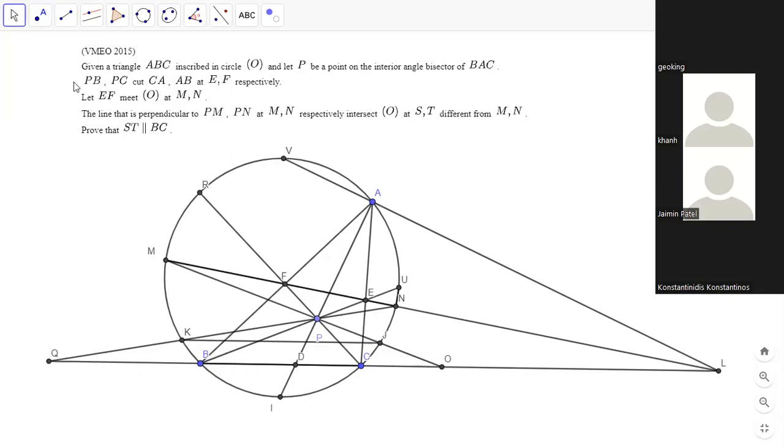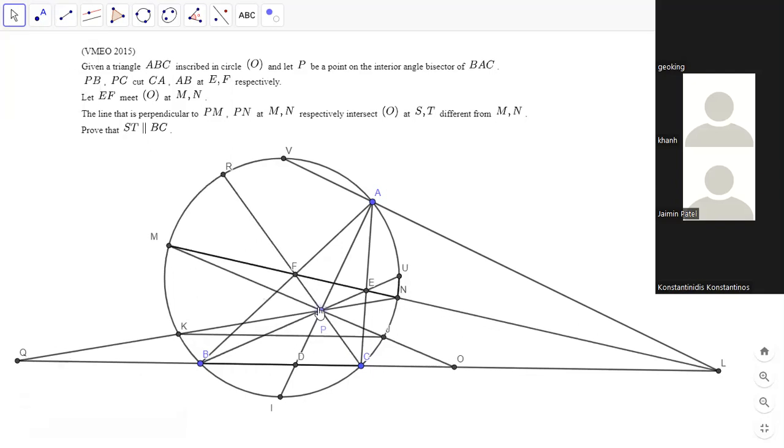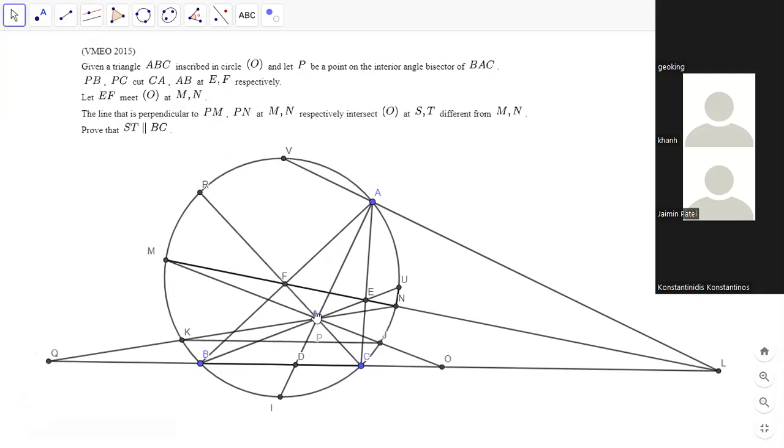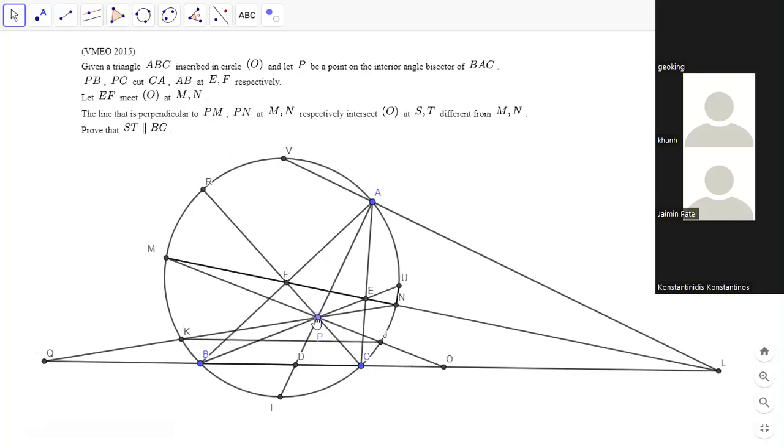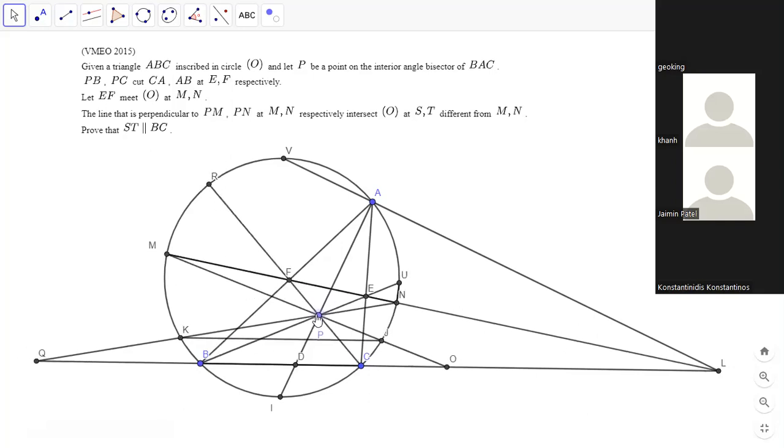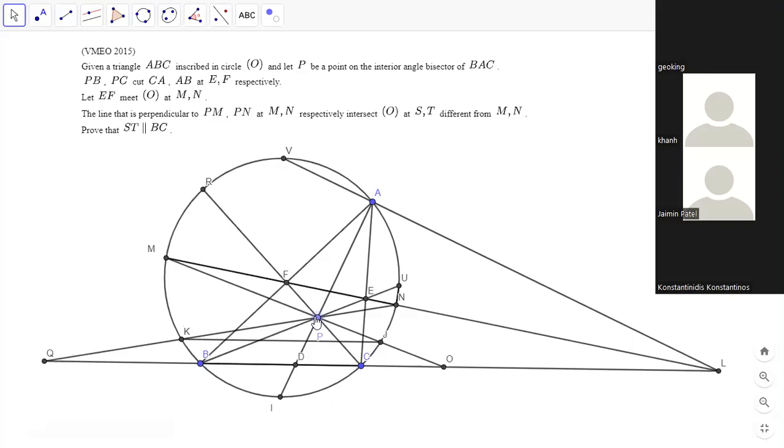Okay, so as we move P, point L will stay in the same place. We know that.